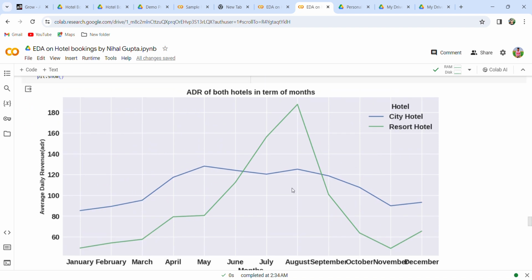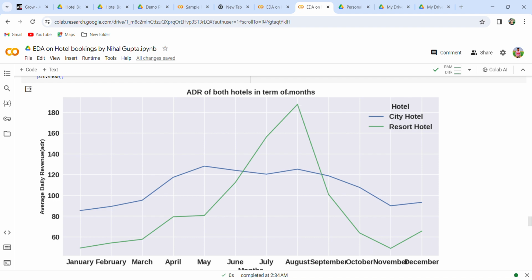In our city hotel it is somewhat continuous, and the bookings and the average revenue are normal, but in the resort hotel it suddenly goes higher, then falls again.